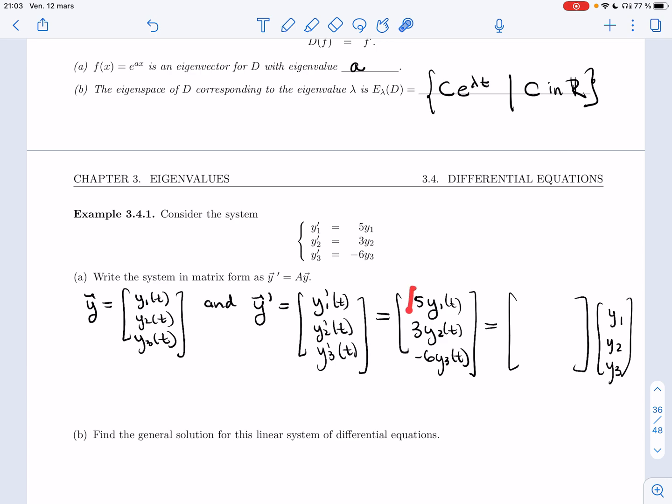For the first row, I need just 5 times y1, so that's going to be 5 times y1, 0 times y2, 0 times y3. I'm going to have 0 times y1, 3 times y2, 0 times y3 for the second row, and the third one is going to be 0, 0, and minus 6y3. All right, so this is my matrix A.